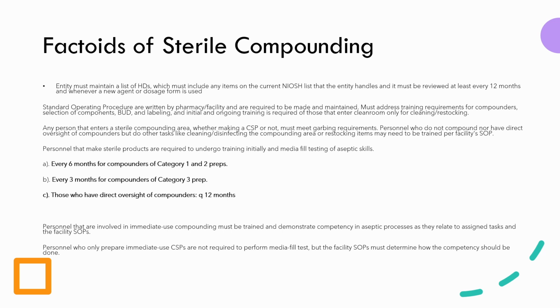Personnel that are involved in immediate use compounding must be trained and demonstrate competency in aseptic processes as they relate to assigned tasks and the facility's SOPs. Personnel who prepare immediate use CSPs are not required to perform media fill tests, but the facility's SOP should determine how the competency should be done.